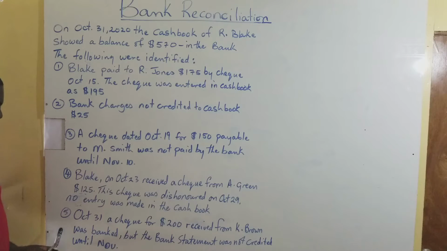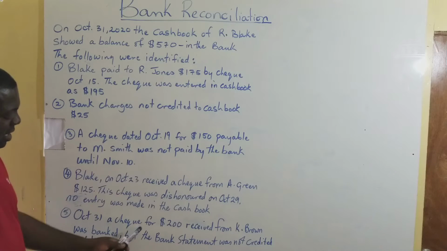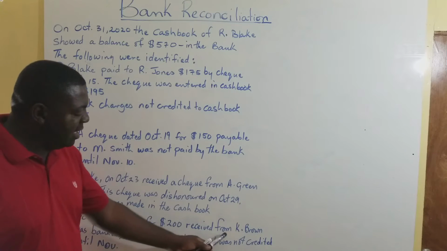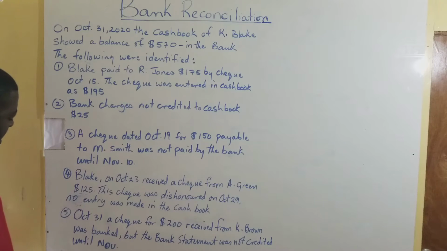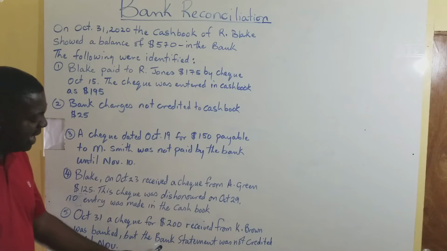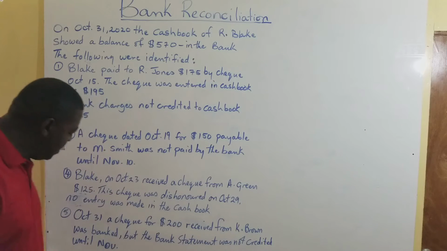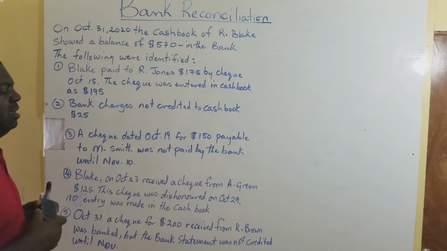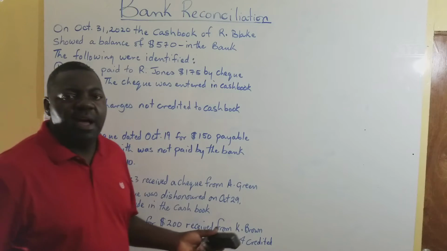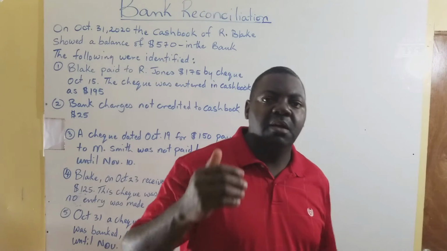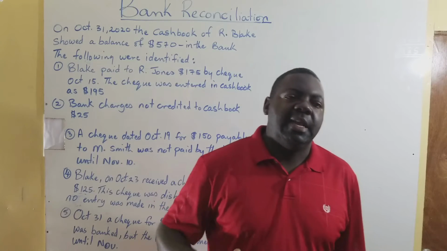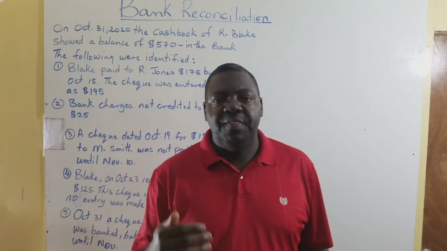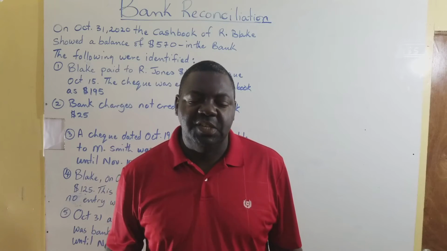And the last, rather, is October 31st, a check for $200 received from R. Brown was banked, but the bank statement was not credited until November. All right, that is the situation that we are presented with, and we're asked as the accountants to prepare the adjusted cash book and to find a new balance, and then the bank reconciliation statement.